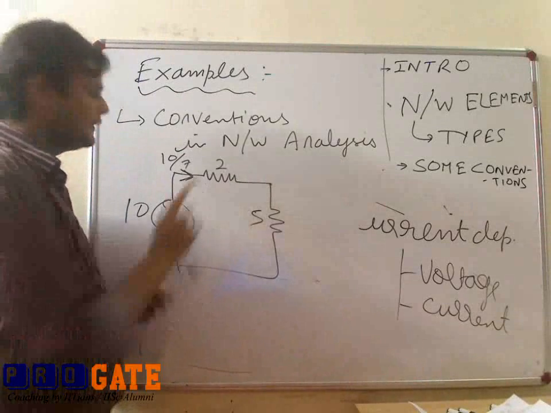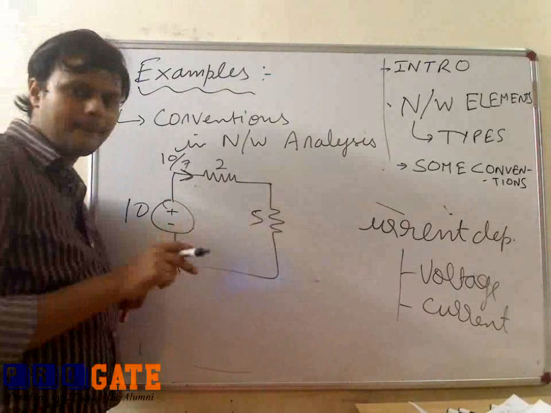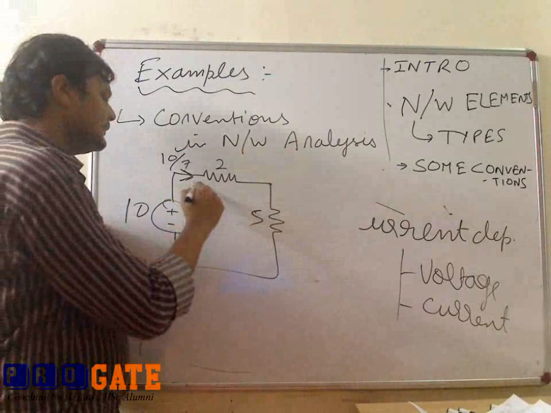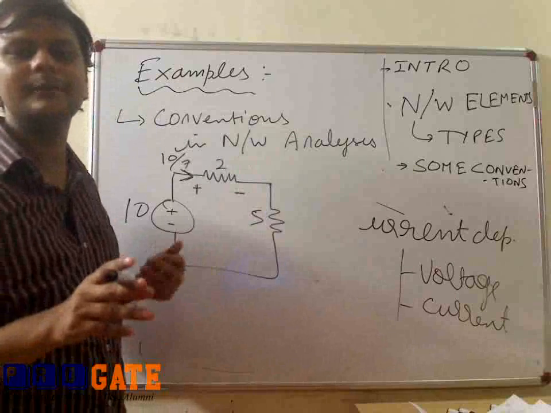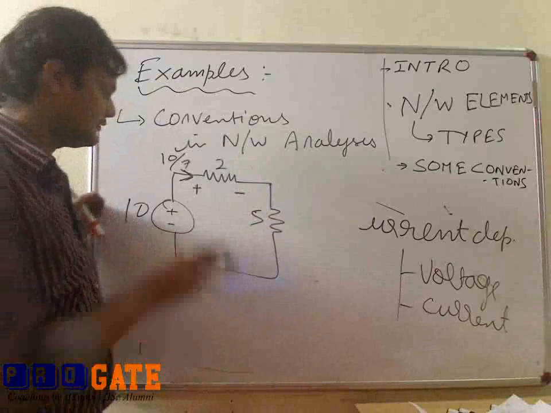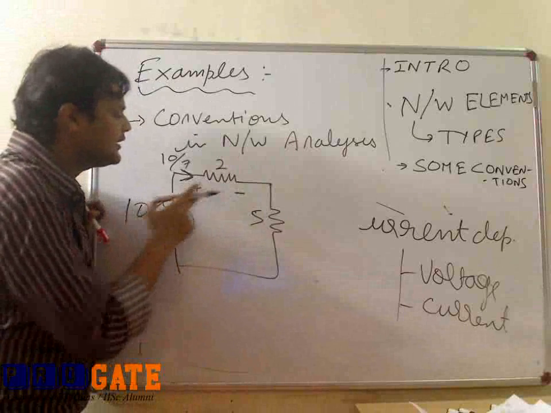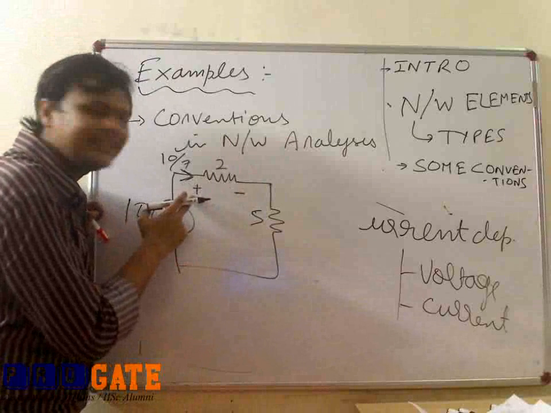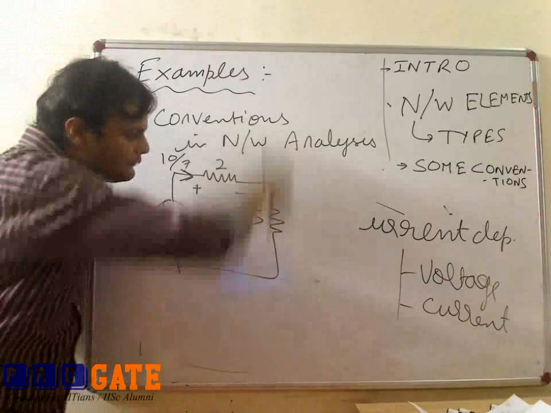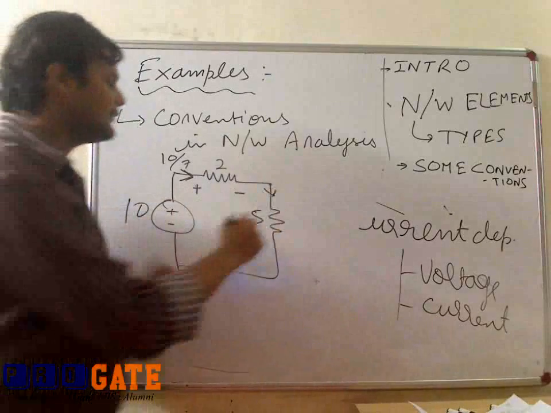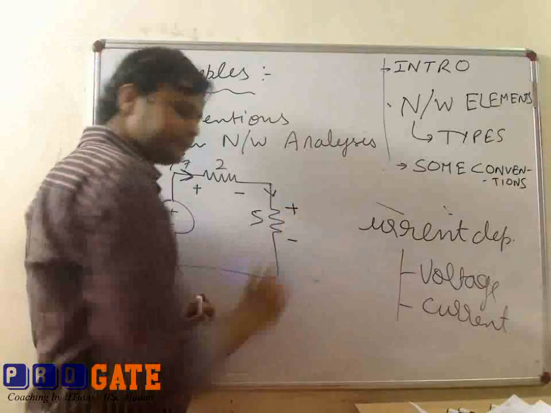What should be the polarity if current is flowing in this direction? It's very simple. Current always flows from higher potential to lower potential. So the polarity of the voltage across this 2 ohm resistor is plus here and minus here. Again, the polarity of the voltage across this 5 ohm resistor will be like this.